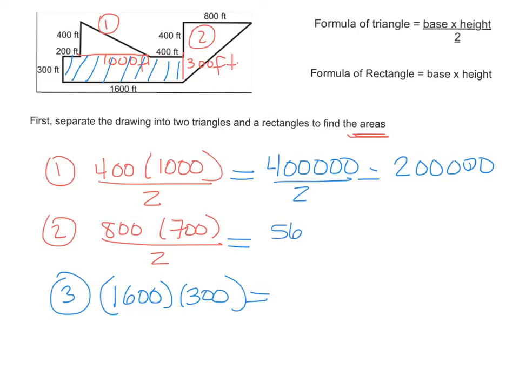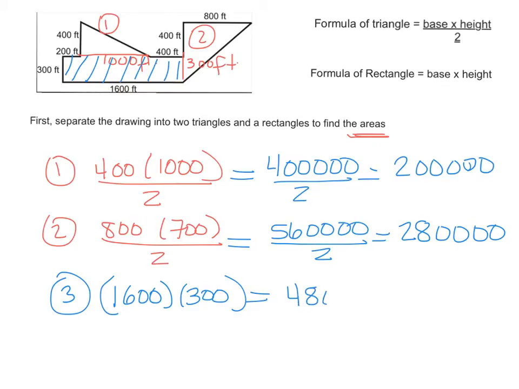This is 56 with 4 zeros into 2. We are going to do 28 with the 4 zeros. And we're going to multiply these, which is 16 times 3 is 48 with 4 zeros.